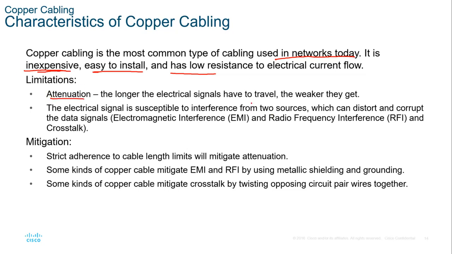The longer the electrical signals have to travel, the weaker they get. The electrical signal is also susceptible to interference from two sources, which can distort and corrupt data signals: electromagnetic interference and radio frequency interference, and crosstalk.